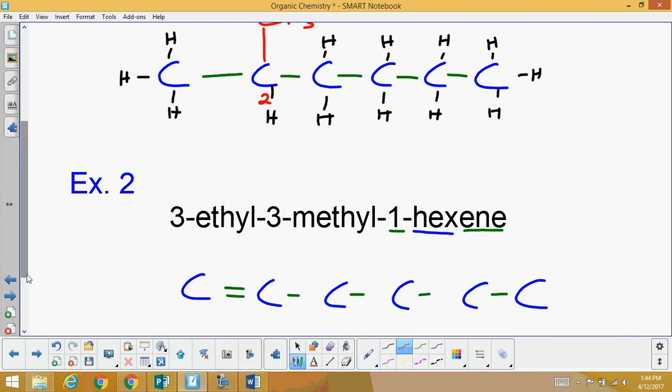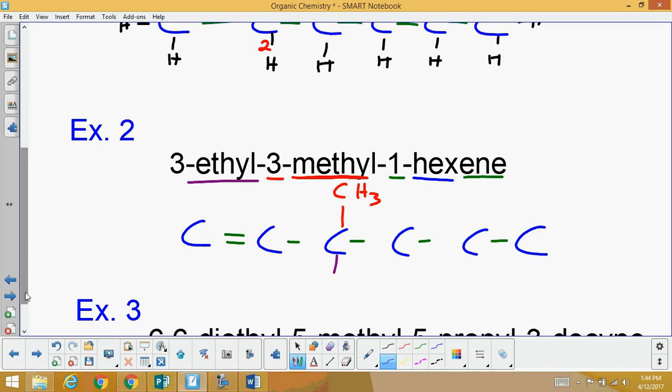Then we work on our groups. We have a methyl group, and it's at 3. So we'll start, go 1, 2, 3. We'll add our CH3, which is methyl. Now we've got to worry about the other group, which is an ethyl. And we have eth, and this goes at 3.